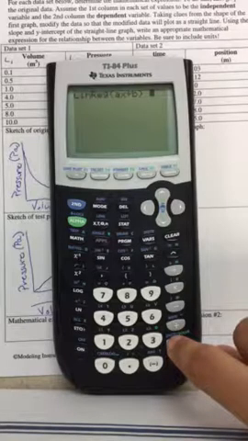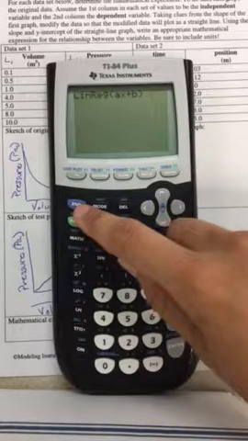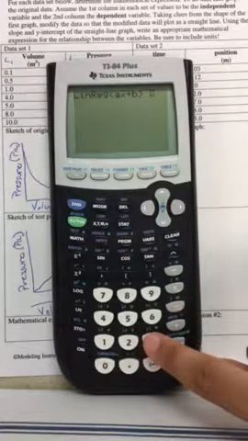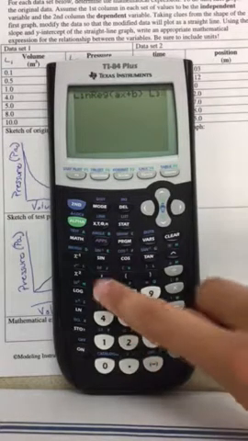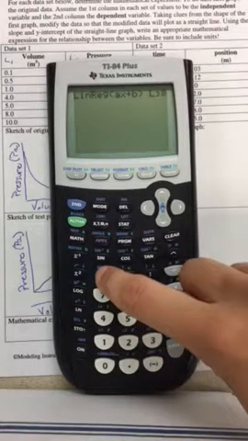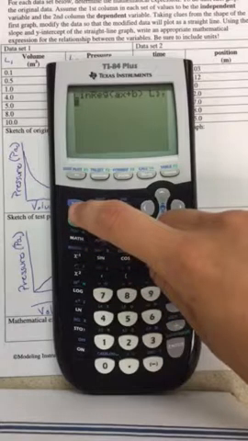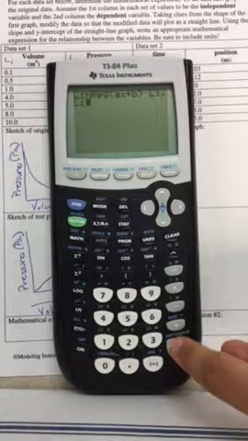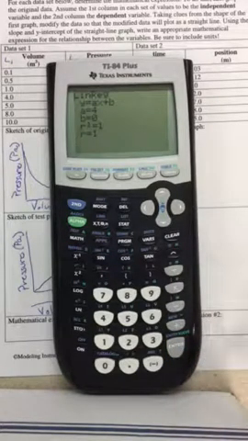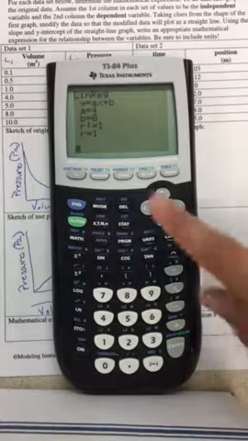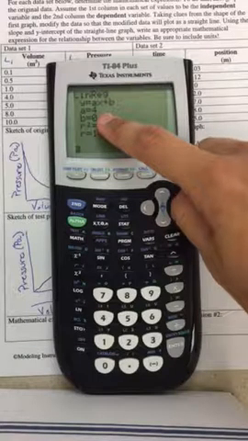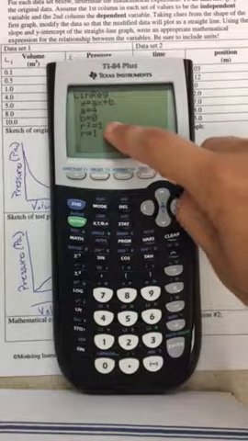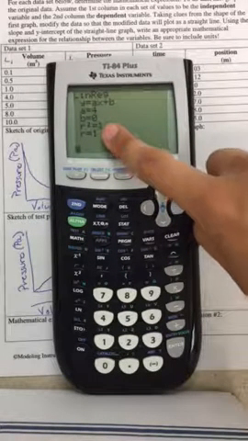If we hit enter there, we then can type in the list that we use. L3 was our X list, and then put a comma in. L2 was our Y list. Now if we hit enter, the calculator is going to calculate for us our slope, which is 4, and our y-intercept, which is 0.